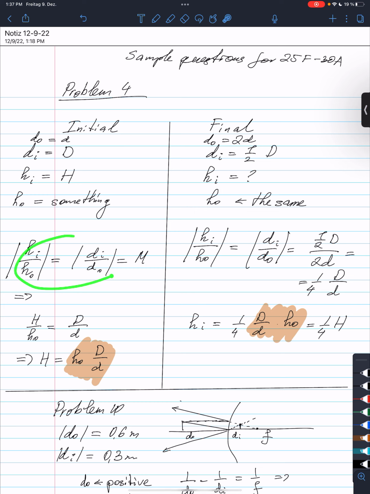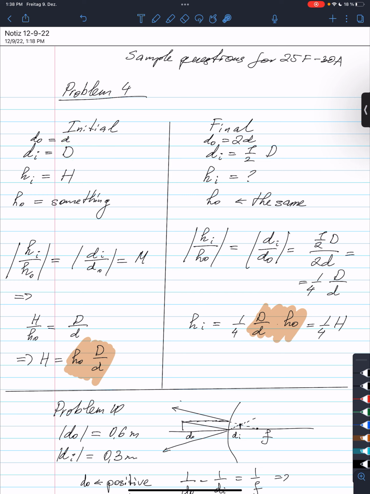So from this part, I can actually write what capital H is. It's kind of assumed that it's given, but I want to express it in terms of the original height of this object and all these distances. And here, instead of di and d0, I substituted these notations over here. So I obtained this result over here.